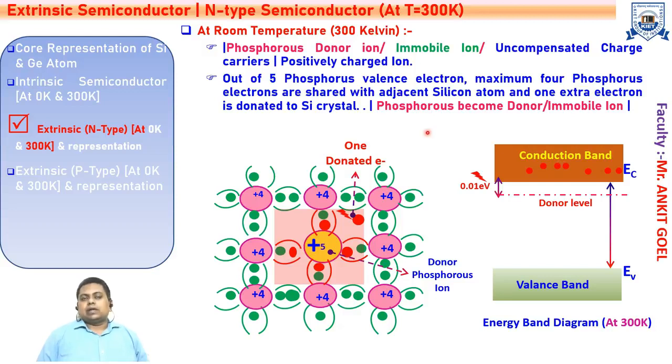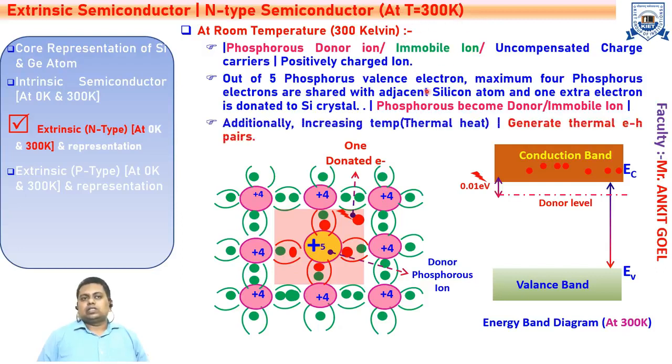Simultaneously, there will be a process of thermal generation of electron and hole pairs at room temperature. As you can see, we get additional electron-hole pairs. This is the thermal generation of electron and hole pairs. In the valence band, as soon as room temperature is there, there will be additional electrons reaching the conduction band.